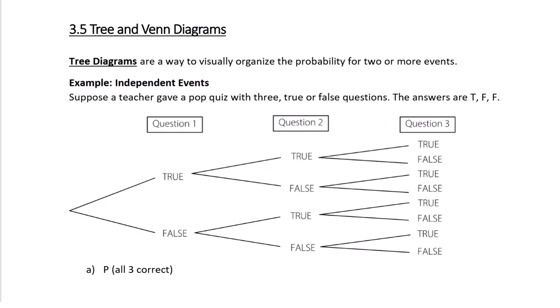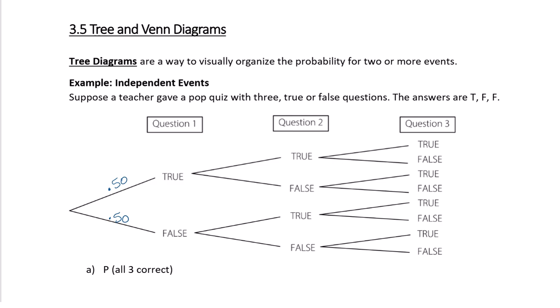Now, when we're using the probability, we can write all of the probabilities for each choice on the branches themselves. For example, in question 1, we have a 50% chance of the answer being true and a 50% chance of it being false. Or you can use fractions if you want. Same thing for question 2.